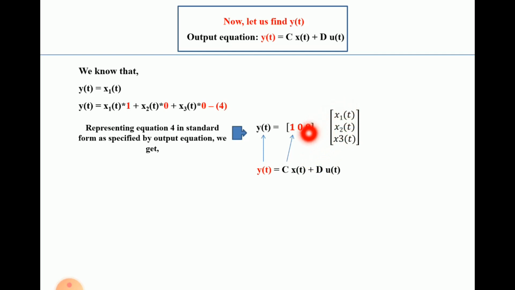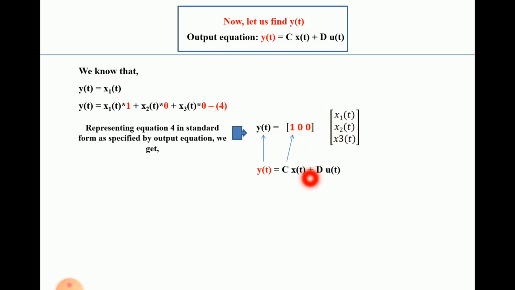That means C is a coefficient matrix which consists of the coefficients of x1, x2 and x3 in our output equation y of t. Here you can observe y of t is x1 of t. So the coefficient of x1 is 1, coefficient of x2 is 0, coefficient of x3 is 0.